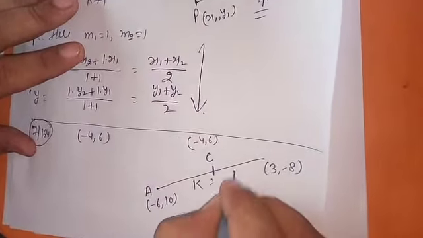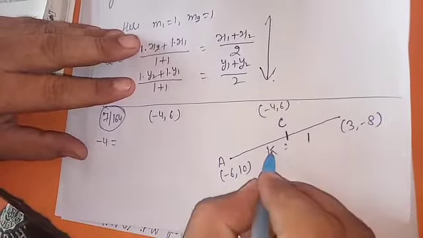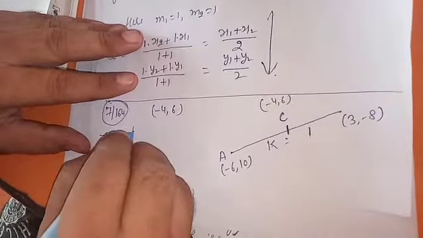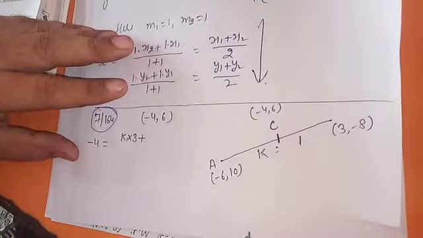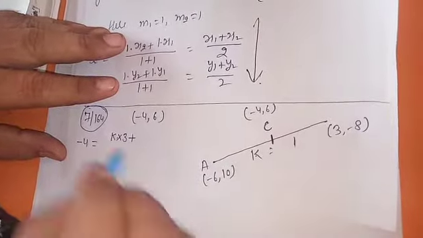Understood? So find out the first coordinate. -4 is equal to, you know, m1 is K here, into x2 which is 3, plus m2 is 1 into x1 which is -6, divided by K plus 1.